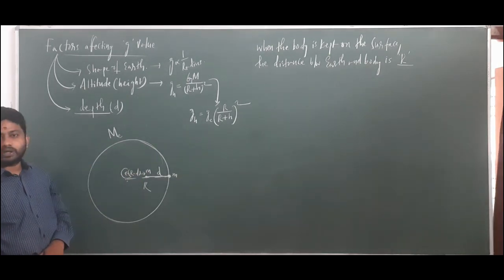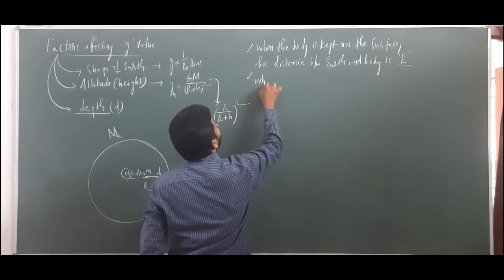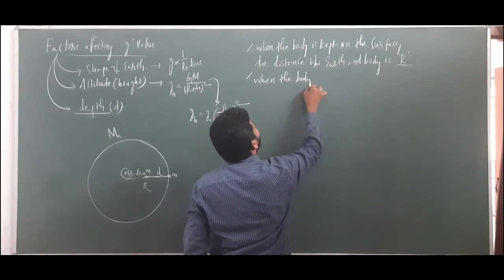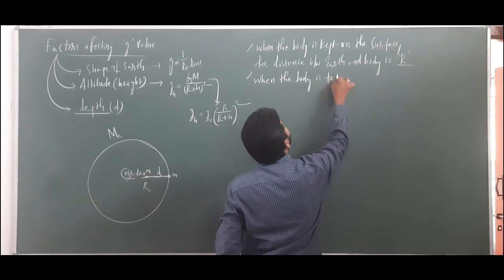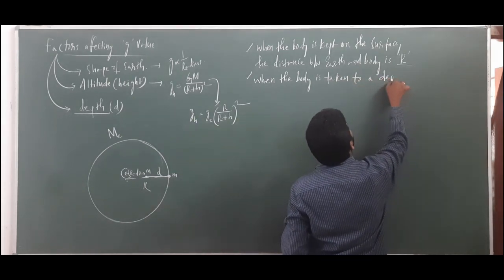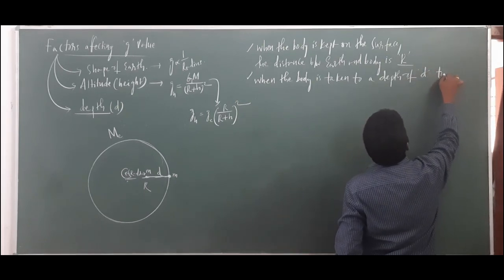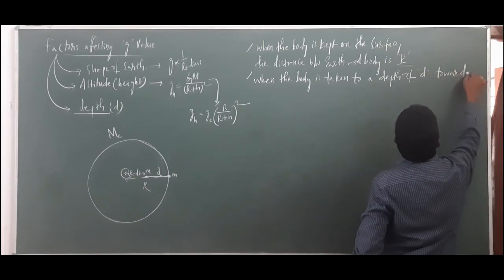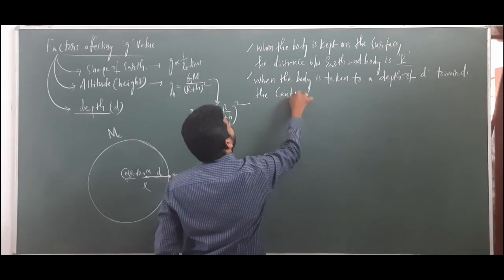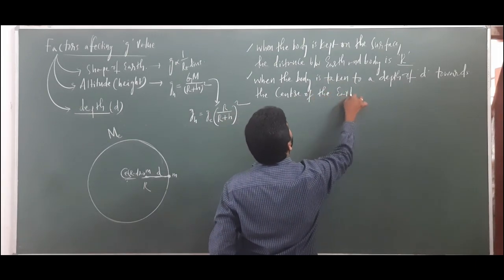Now this is what I am going to write here. So this is the first point. Now when the same body is taken to a depth of D towards the center of the earth, see the interesting part here.